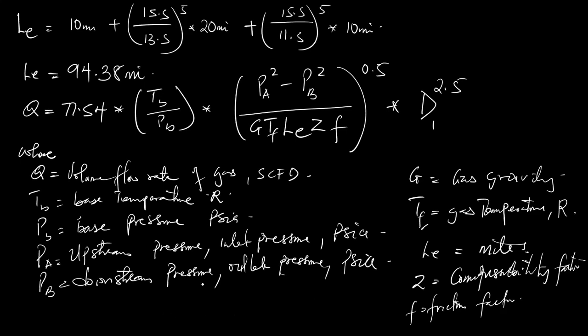Then you have D1, which is the diameter of the pipe. This is in inches. So that is the formula we're going to use now.